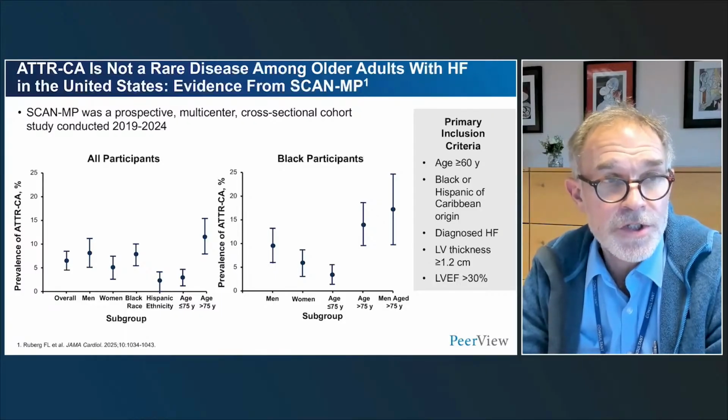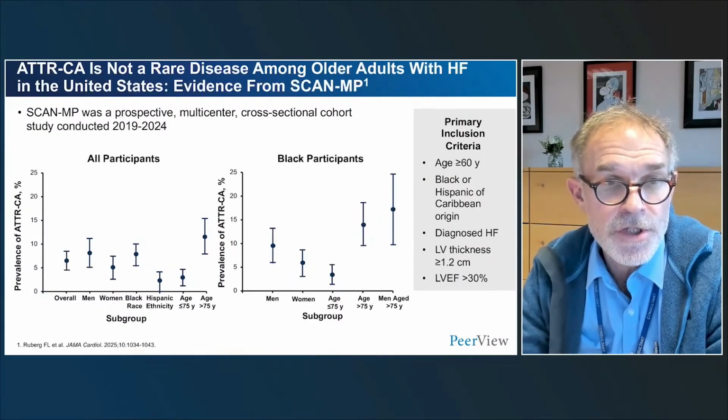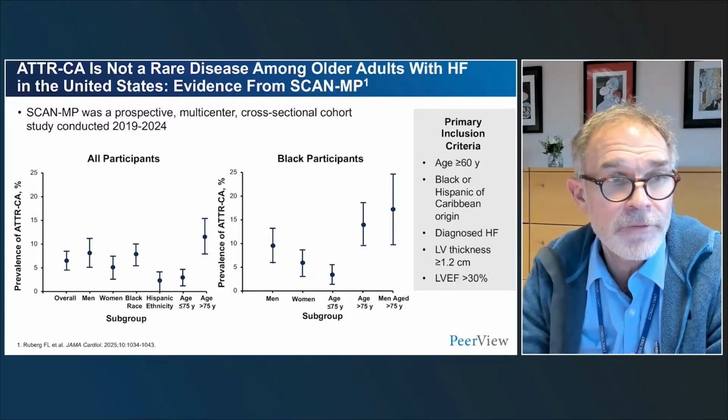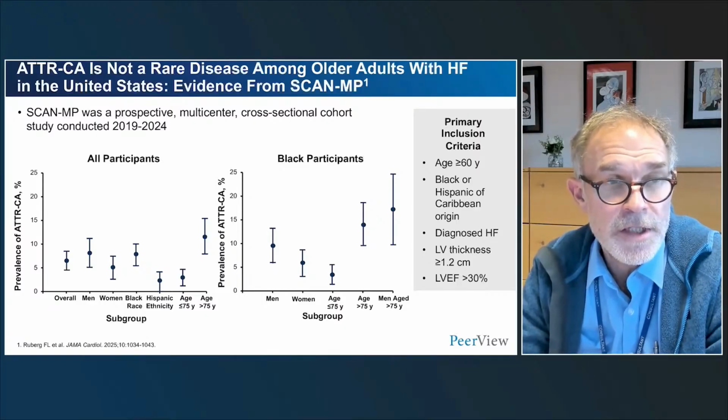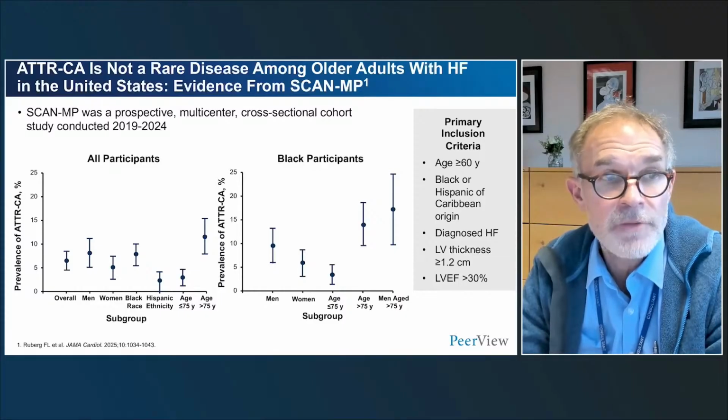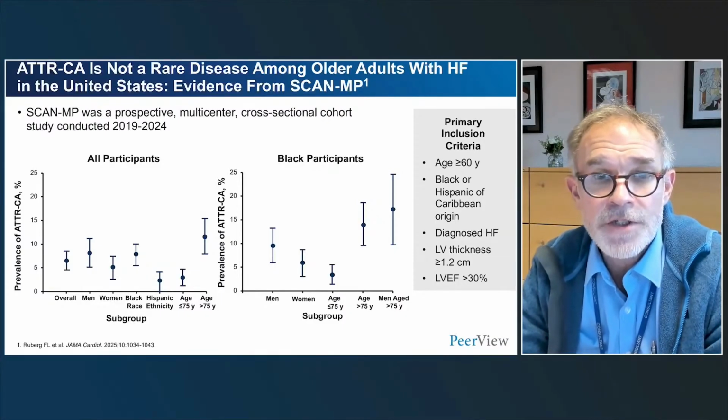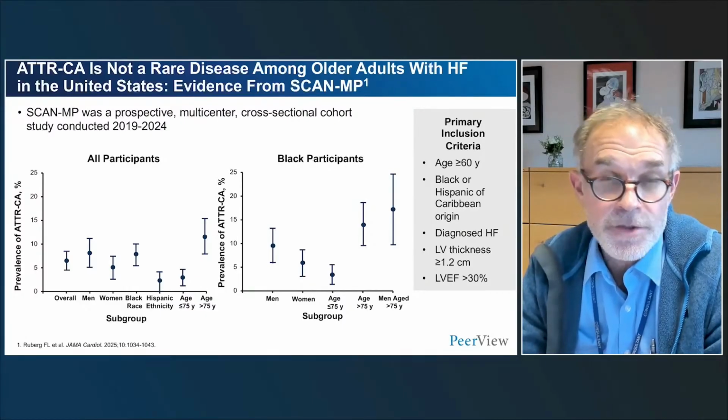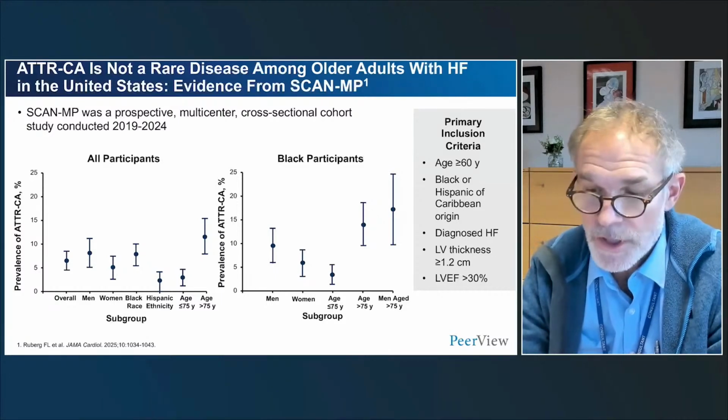And what this study shows is that ATTR-CA is not rare among older adults with heart failure in the United States. And you can see that aged over 75, the prevalence of ATTR-CA is between 10 and 15%. And amongst Black men over 75 years old, the prevalence is as high as between 15 and 20%.